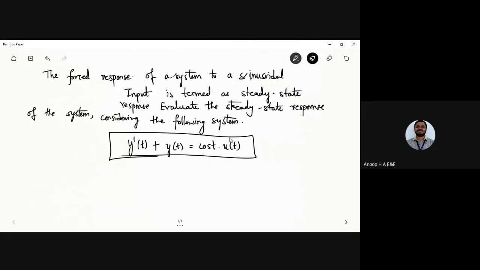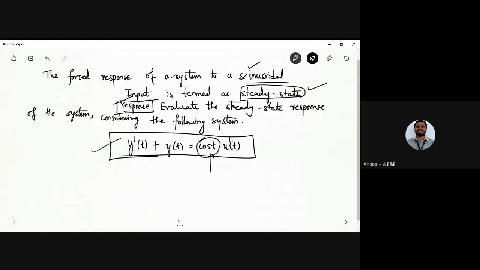Once you have a sinusoidal input, the cosine function can also be represented using a sinusoidal function. The forced response of a system is called the steady state response of the system.